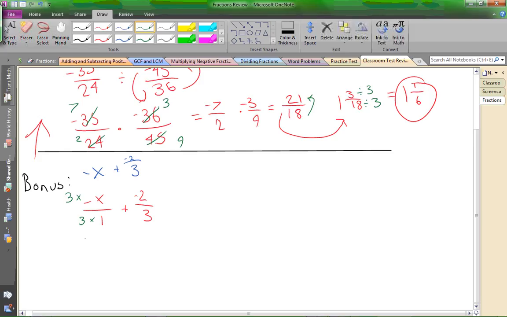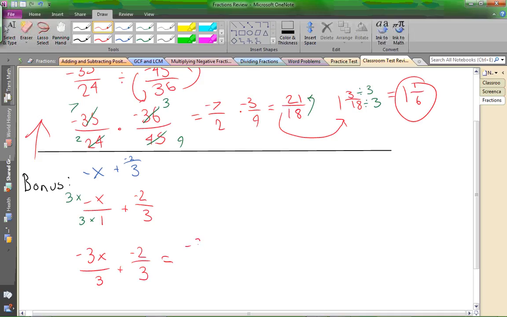So you do this by negative 3x over 3, because I multiplied this by 3, plus negative 2 over 3. And I do not multiply this by 3 because it already has 3 as its denominator. So now you just add it up. You cannot add a variable negative 3x into negative 2.